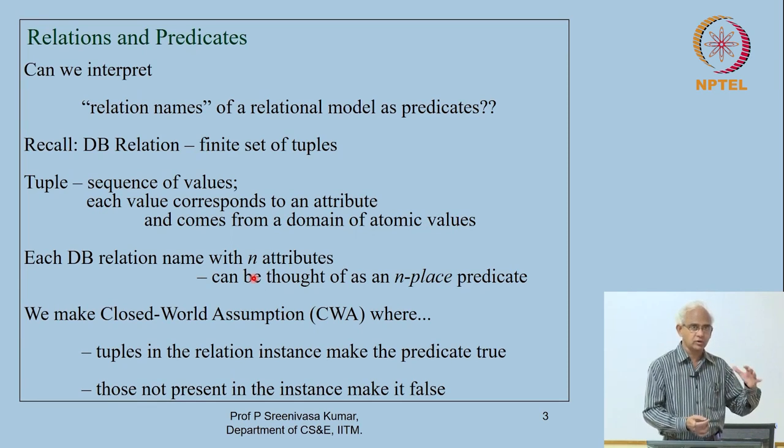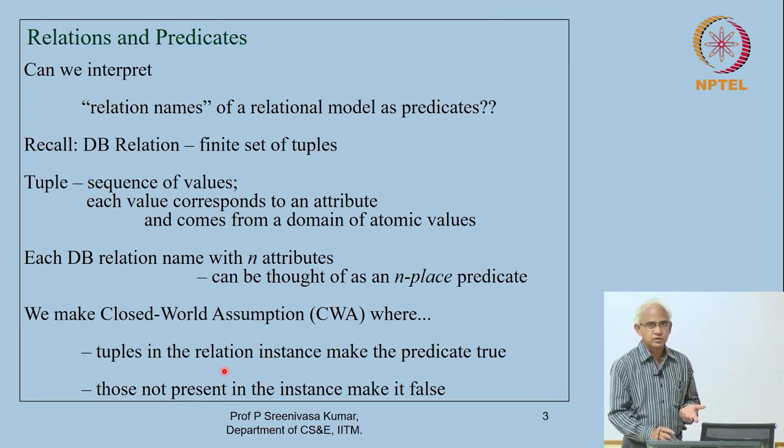The set of all tuples in all those relations that we have is the instance. For the tuples in each of these relation instances, if you substitute those values in the corresponding predicate, then that predicate assumes value true, and if you substitute anything which is not there in any of these instances, then the predicate is false.